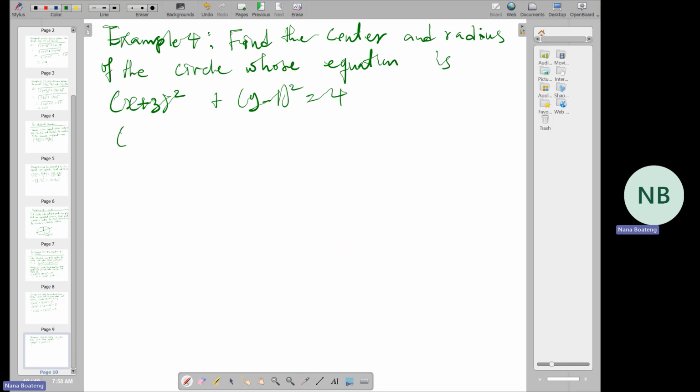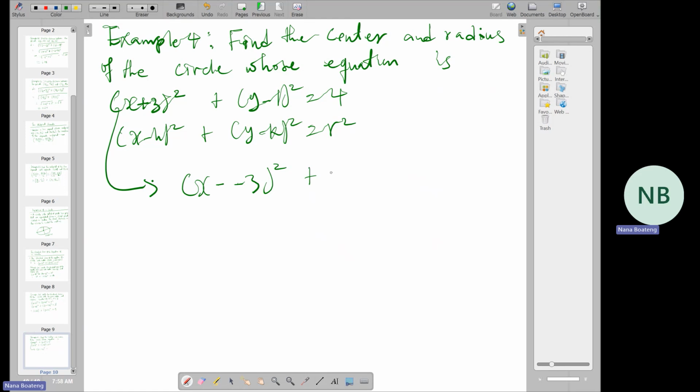All right, so the general form of an equation of a circle is x minus h squared plus y minus k squared is equal to r squared. If we compare the general form to the form that we are given, you can rewrite the given form as x minus negative 3 squared plus y minus 1 squared is equal to 2 squared.